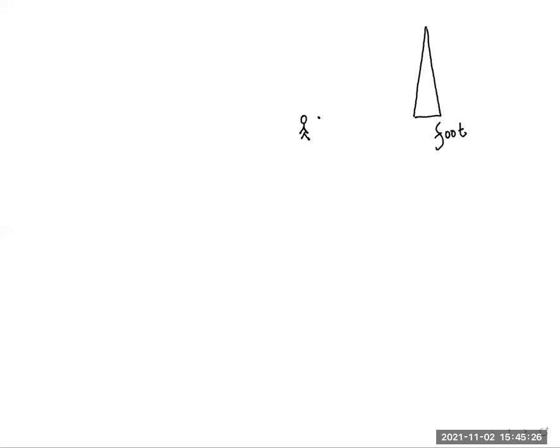Now, students, the straight line through which he is looking at the top of the tower is known as the line of sight. Very important.